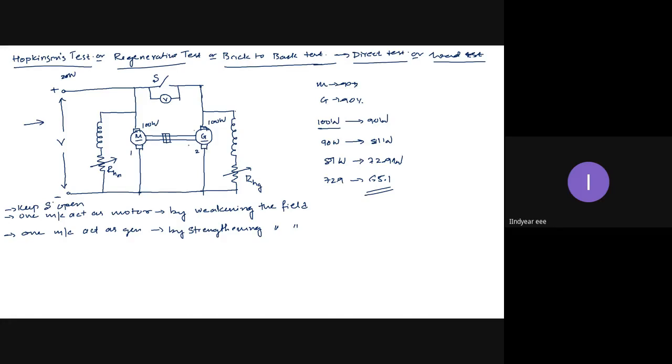But because losses exist, the power developed is insufficient. Therefore, the power drawn from the supply is exactly equal to the losses occurring in both the machines.